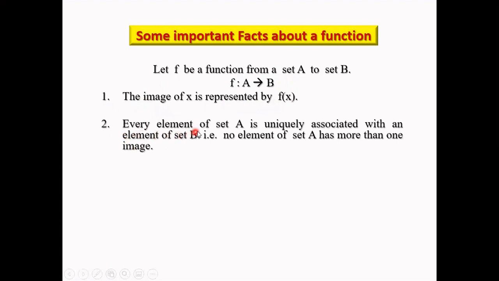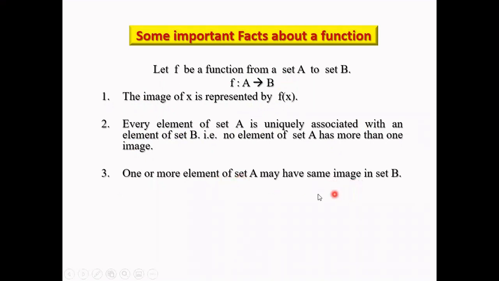Number 2, every element of set A is uniquely associated with an element of set B. That is, no element of set A has more than one image. Number 3, one or more elements of set A may have the same image in set B. Number 4, some elements of set B may not have a pre-image in set A.